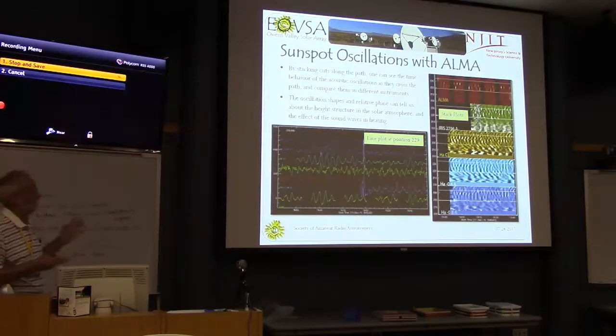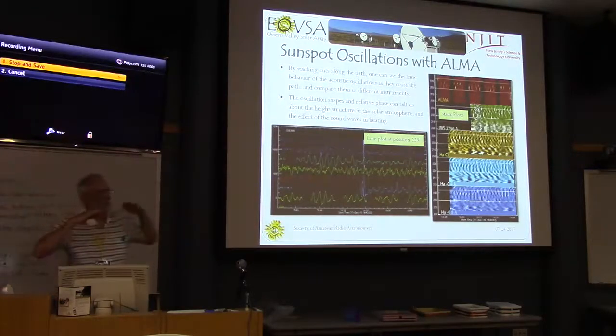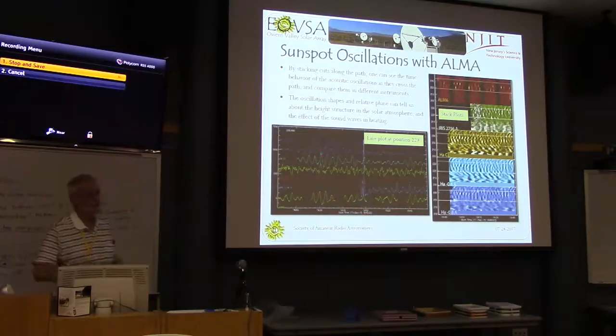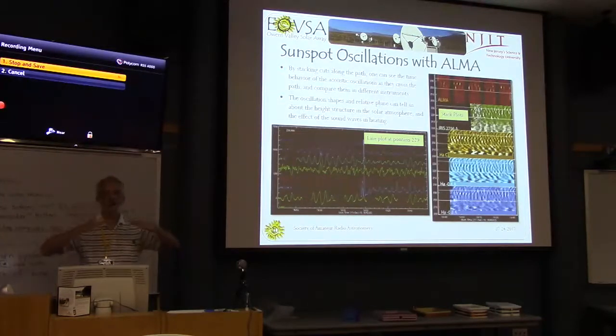So by looking at where H alpha is formed at different heights and where the ALMA variations are in phase with it, we can kind of get an idea of what height the ALMA data is coming from.